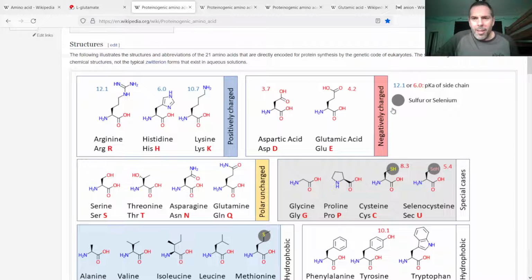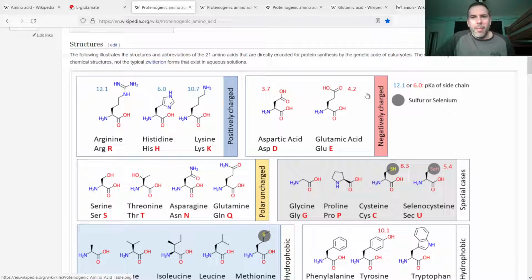Sorry about that. Finding where I was at. So if you're in an environment of 4.2 pH, that would be the case, half and half. But cells are pH 7-something usually. So that's going to be a more basic environment. So there'll be a lack of free hydrogen ions in the solution.